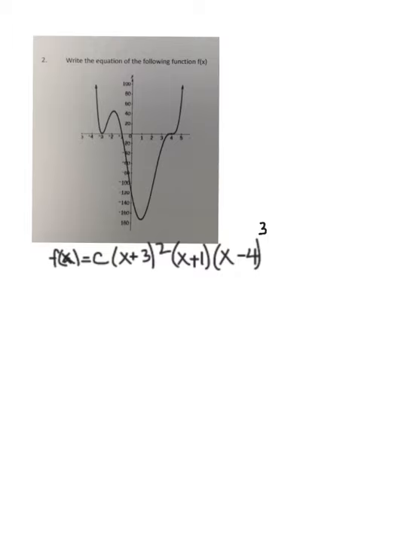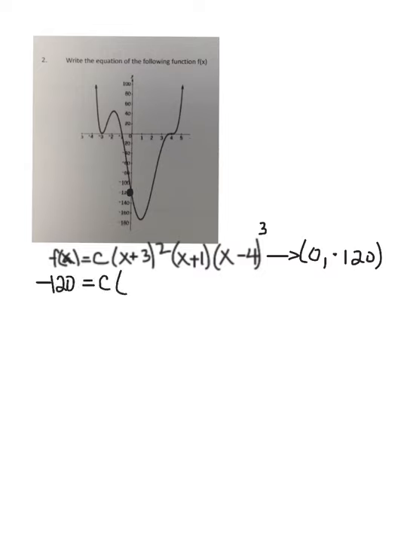All right, so now we need to find the c value, so we're going to use, I'm sorry, the y-intercept, which is 0, -120. And we're going to plug that in for x and y respectively so that we can find the c value. So -120 equals c.